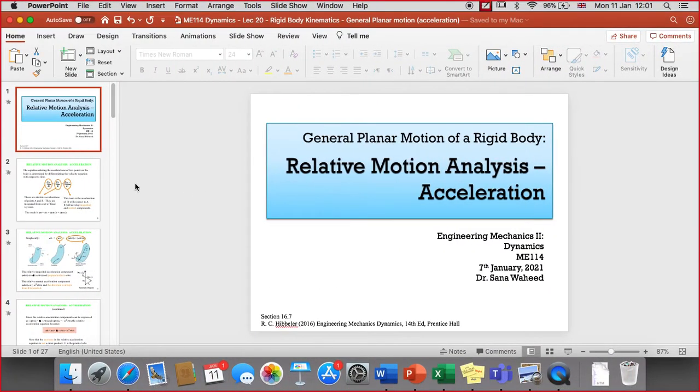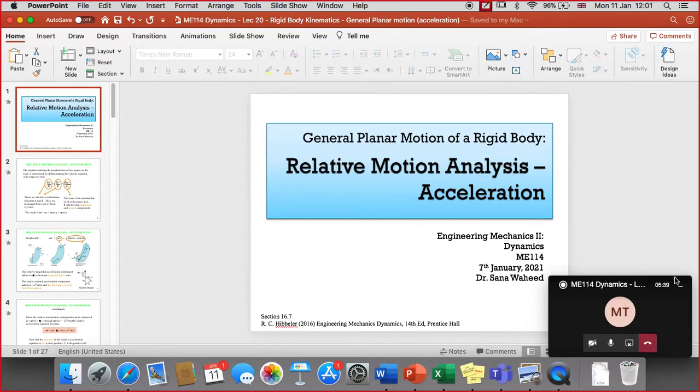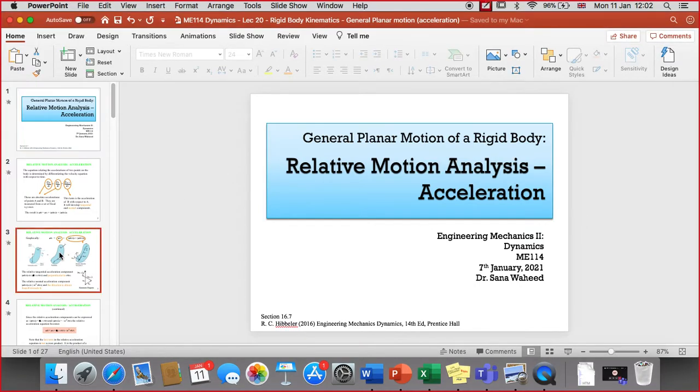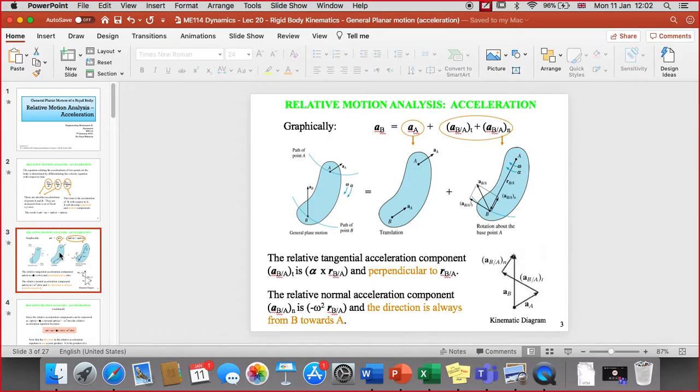Okay, so we were looking at analyzing acceleration. For acceleration we saw the procedure is basically the same as what we had for velocity using a base point. We consider that general planar motion consists of the sum of translation and rotation.